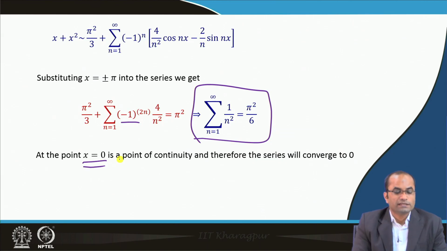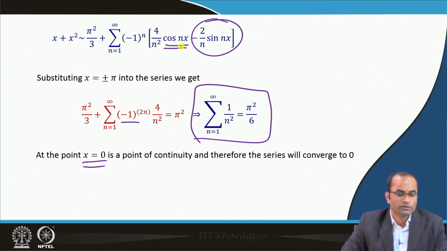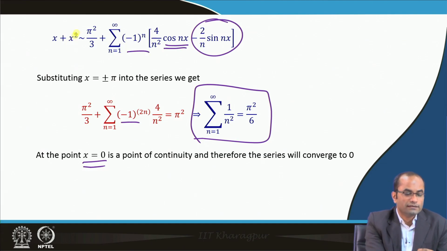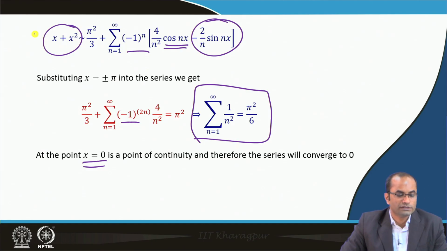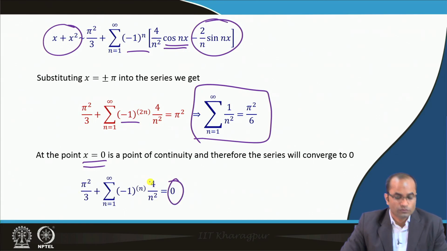Another one: when we put x equal to 0, we will get the plus minus as we were getting in the desired series. This will again go to 0, here this will become cos 0 as 1, and then we have to see the convergence there. It will converge to 0.